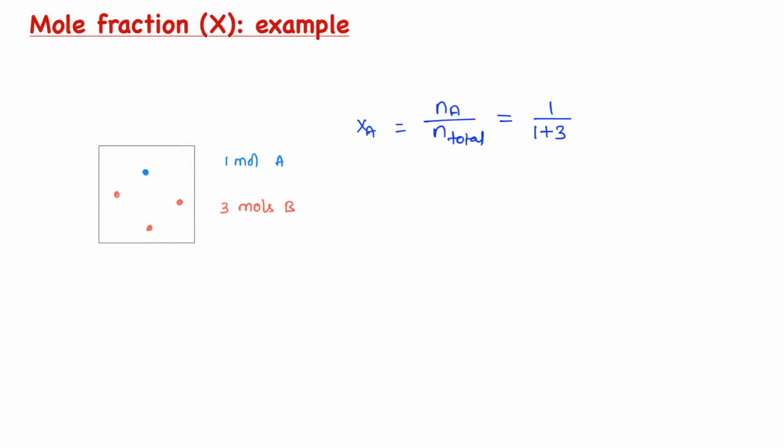The mole fraction of A is 1 over 4. Similarly, the mole fraction of B is equal to Nb over N total, which is 3 divided by 1 plus 3, which is 3 over 4.